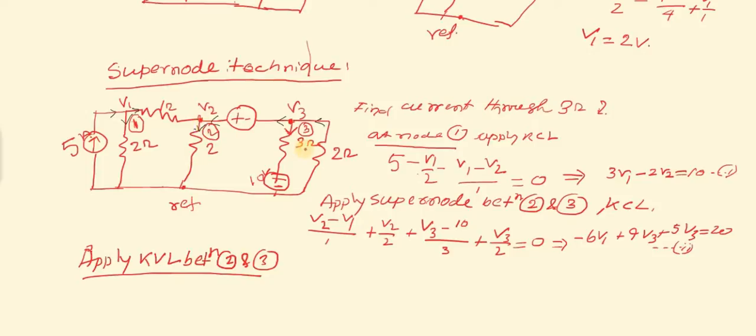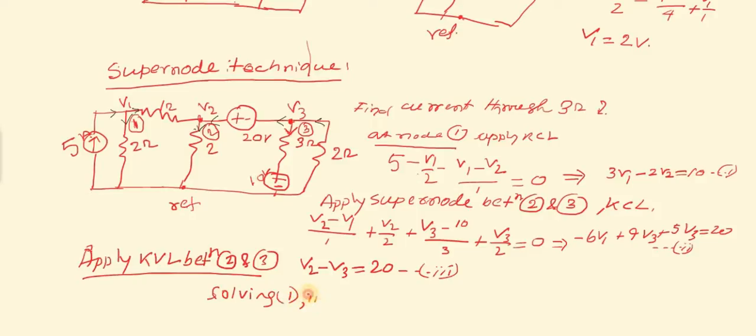In nodes 2 and 3, the difference of these two voltages is 20 volt. So applying KVL, V2 minus V3 is equal to 20. This is our third equation.